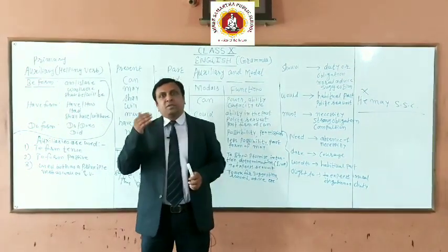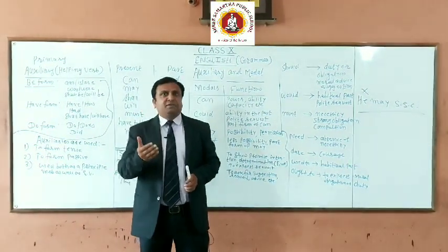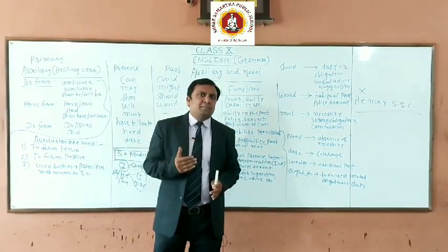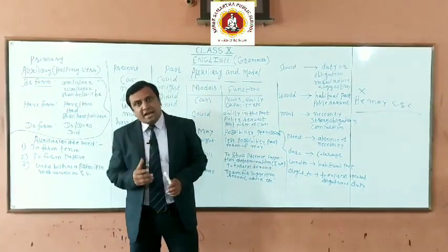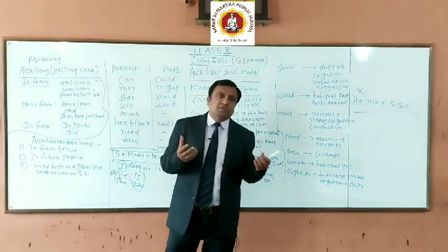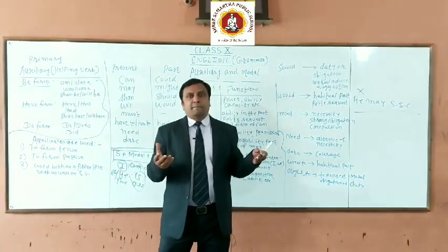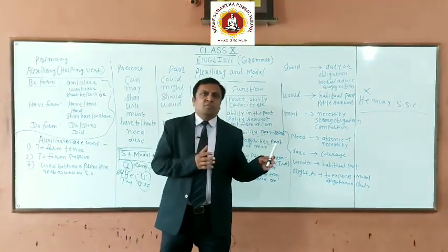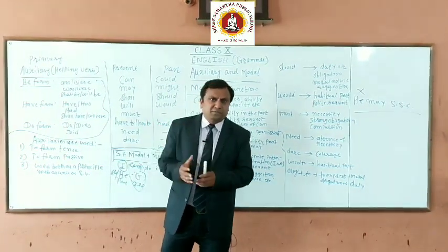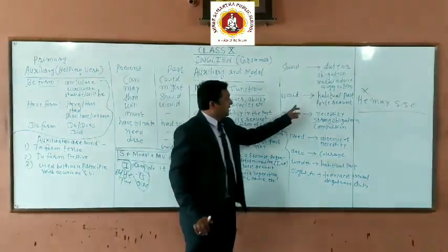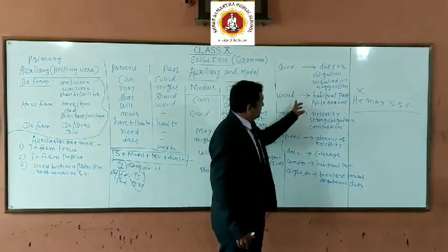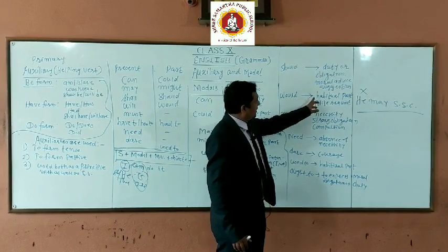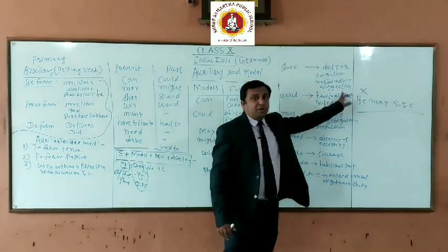For example, my grandfather used to tell us interesting stories of Ramayana and Mahabharata when I was young or when I was a child. He used to swim in the river when he was in his village. So would is used for habitual past.